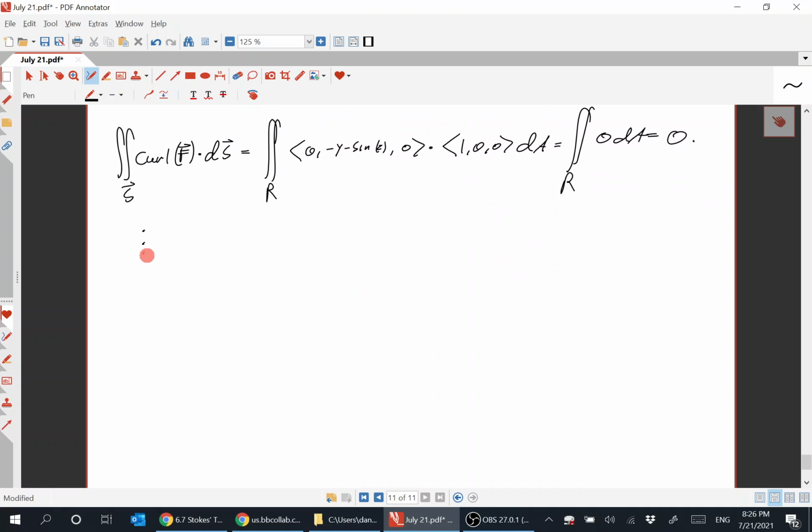Okay, so next time we'll talk more about it. Let's move on to section 3.8.